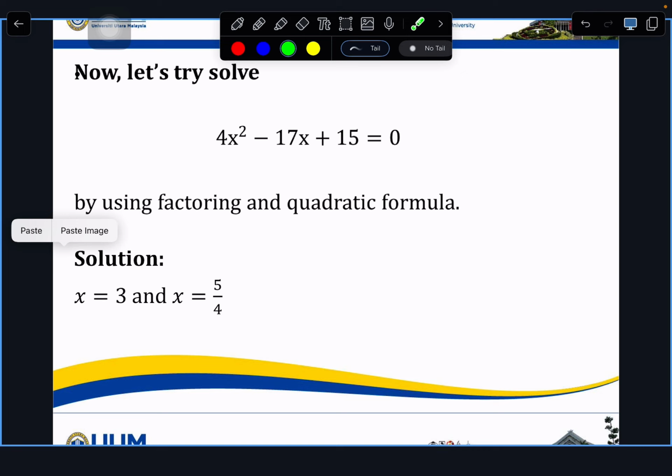I think degree 2. So A is 4. -17. So 3. And explore your EQN.